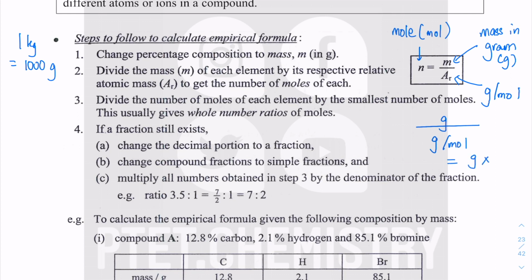This means gram times mole over gram. When you have divide, you reciprocate it, you swap them around, and it becomes multiply. I hope you can see that gram and gram cancel, and you'll be left with mole, which is the unit on the left hand side.